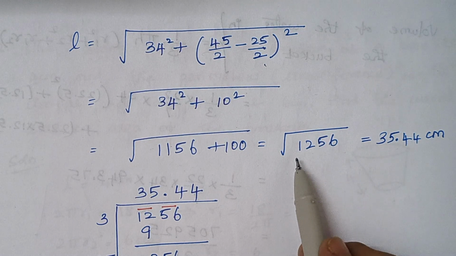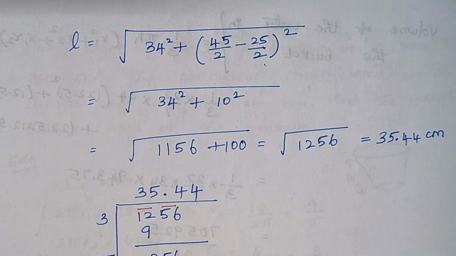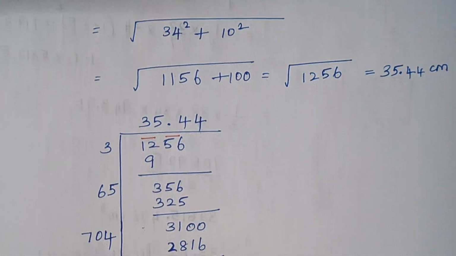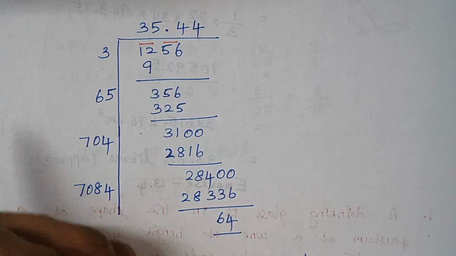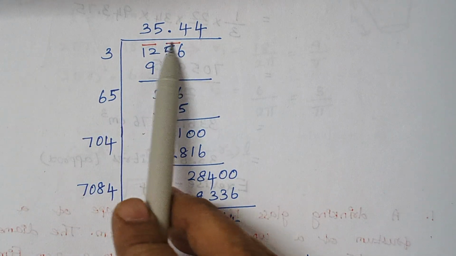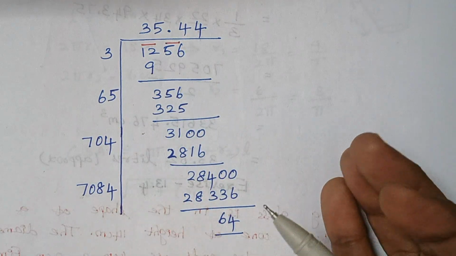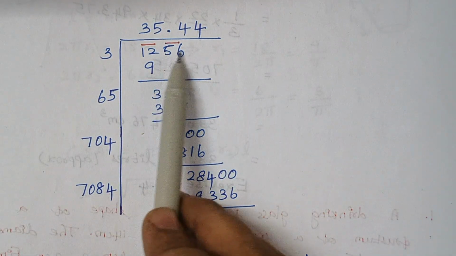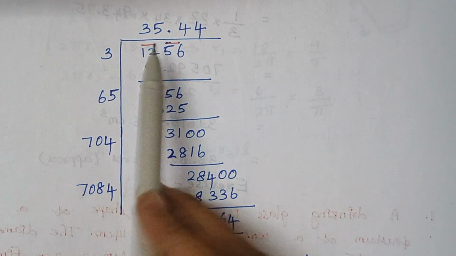Now we are going to find the square root of this number. I believe you have already studied this, but let me explain how to take a square root of 1256. As usual, you split the number into pairs of digits, so this is 12 and this is 56.